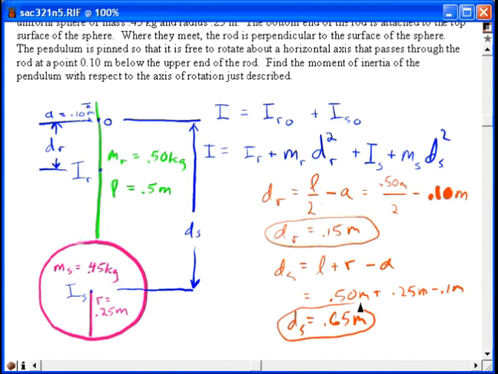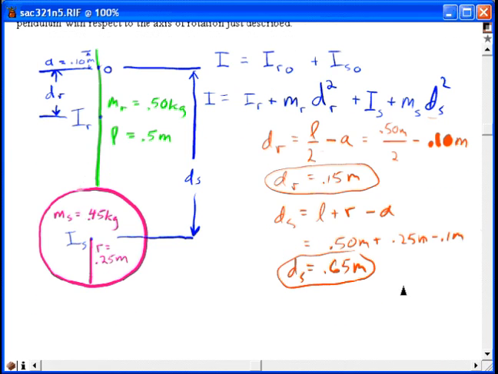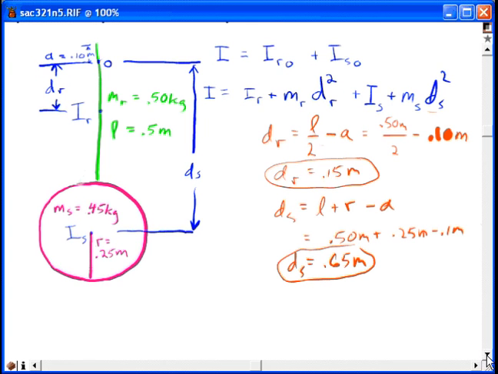Okay, we'll need that right in here. What else do we need? The mass of the rod is going to be in there. I think we're pretty well set. Let's go ahead with those two values.